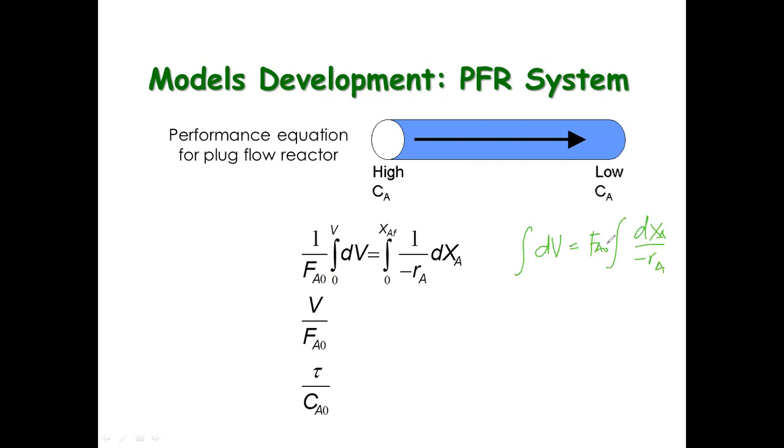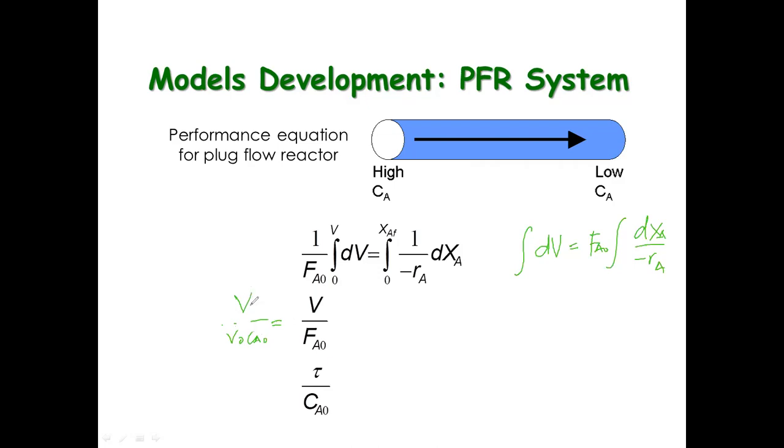Now, what happened is we place the FAO here. So you have the integration of the volume, the change in the volume from 0 to V. So now it would be V over FAO. This V over FAO is tau over CAO, primarily because this V and this is VOCAO.